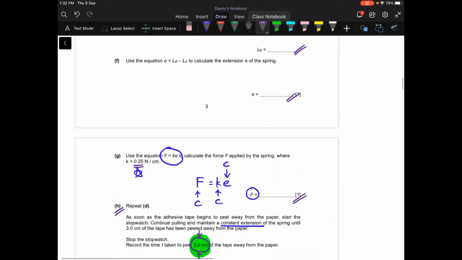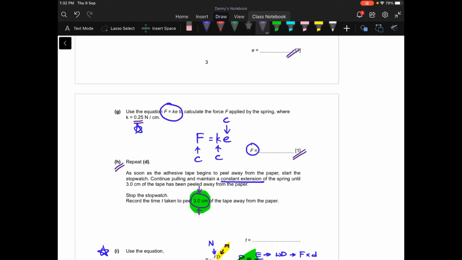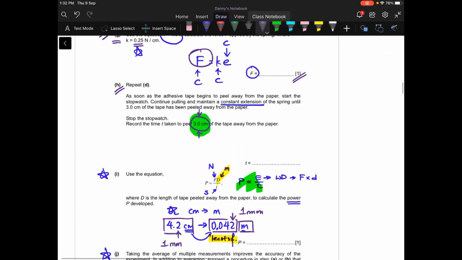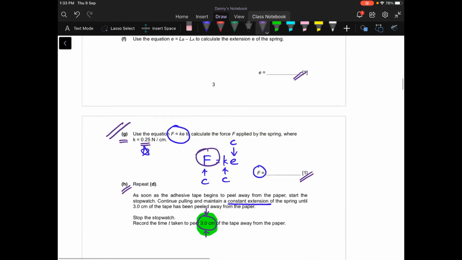So that means I need to do until G. To do until G, I will be able to obtain the F that I need for my future calculation of P. Then after that, I'm going to repeat, and that's about it.